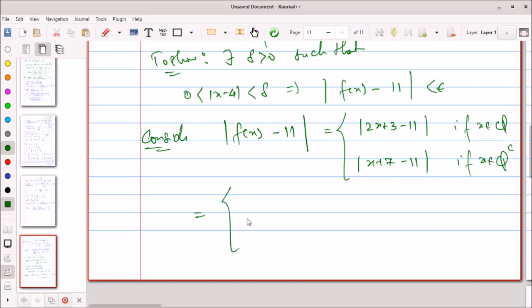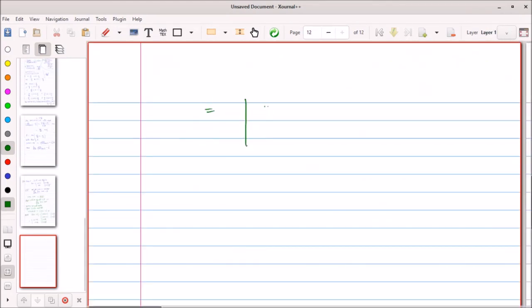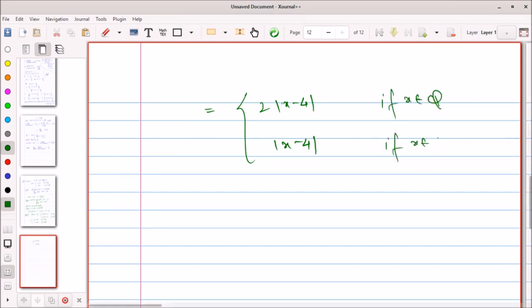This is nothing but |2x minus 8| if x belongs to Q and |x minus 4| if x belongs to Q complement. This can be further reduced to 2 times |x minus 4| if x belongs to Q and |x minus 4| if x belongs to Q complement.